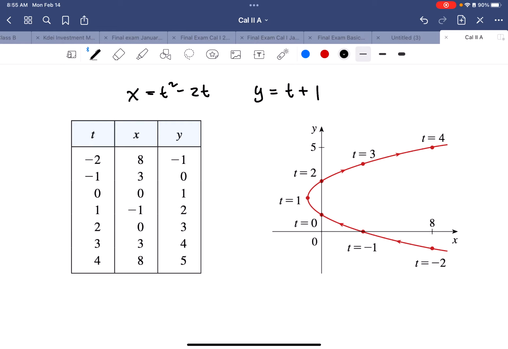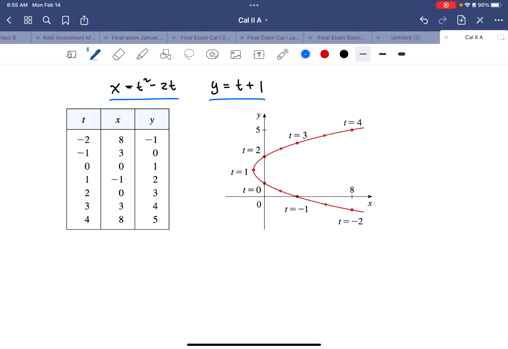And if you look here at this parametric x and y, we can also exchange and maybe simplify the equations into Cartesian if you would like. So t is y minus 1, right? And we can substitute and take this into our parabola equation, right? You see that it's y squared, and it's perfectly the same thing here.